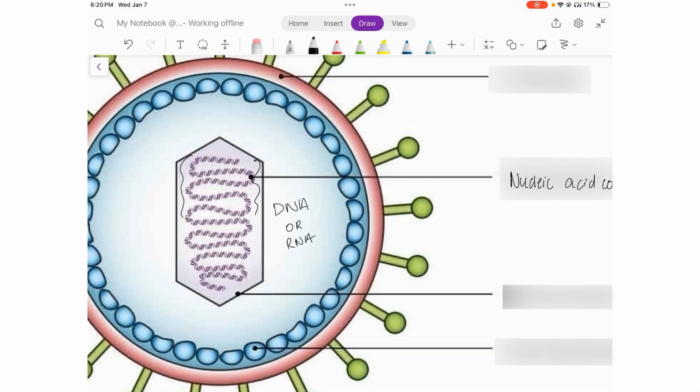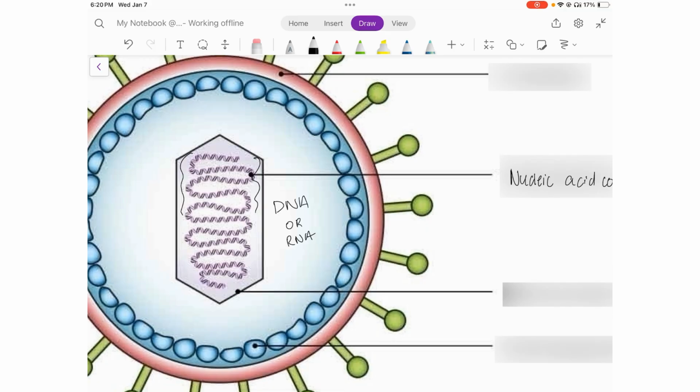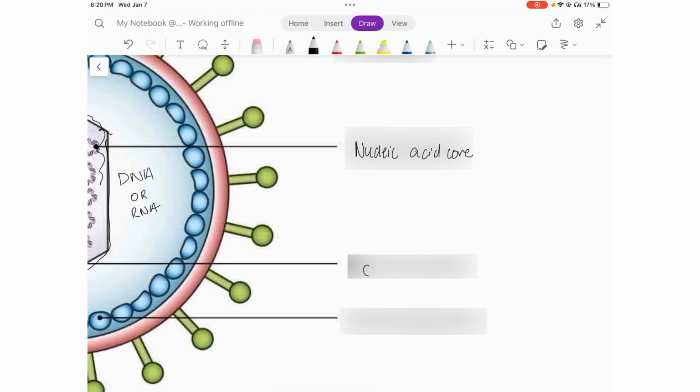A virus cannot possess a nucleic acid core of a combination of DNA and RNA. Now, this geometric structure right here is a capsid, and this is a protein capsid, which keeps the genetic information, or the nucleic acid core, protected.